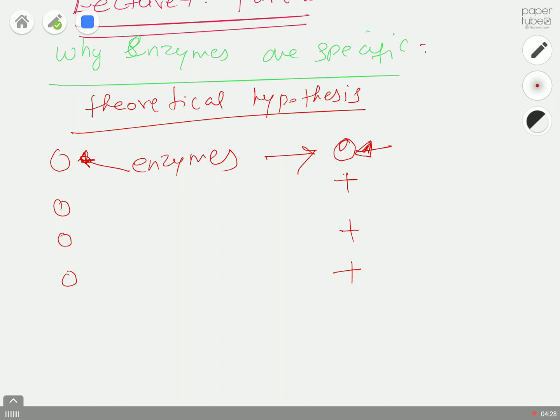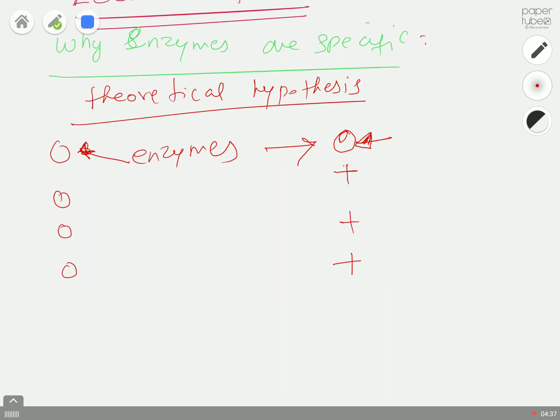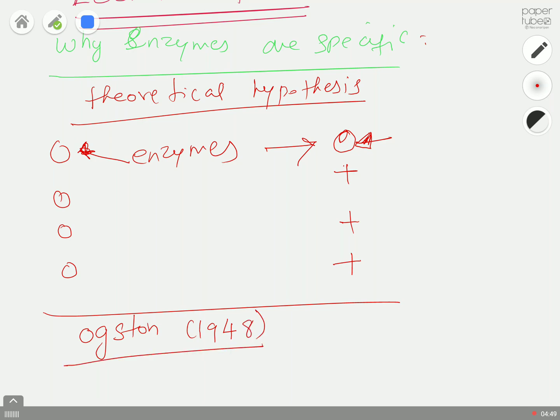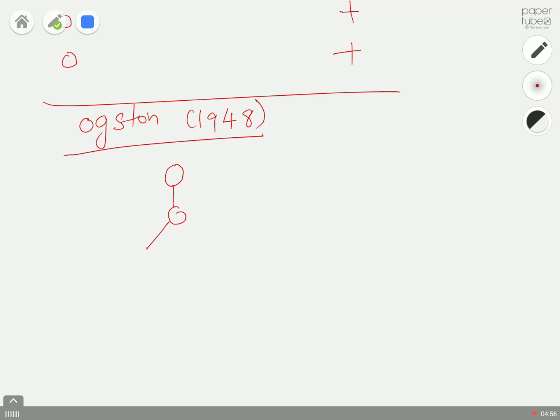Let's go on to a few of the hypotheses that can explain why enzymes are so specific. Let me go to my notes. The first one is a hypothesis proposed by Ogston in 1948. I'm going to explain what he said. Say you have a tetrahedral carbon structure.